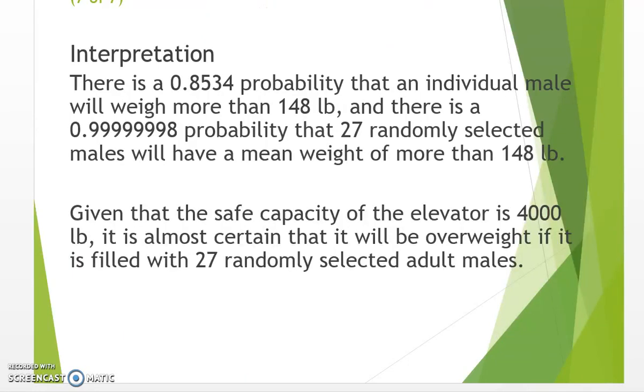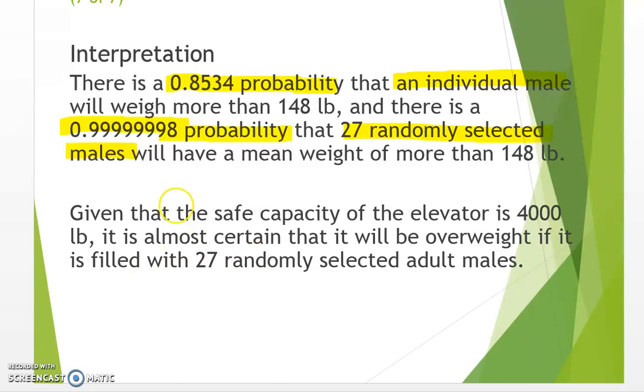So for the interpretation of this problem, we can say there is a 0.8534 probability for an individual male to have a weight more than 148 pounds. And there is a 0.9999998 probability that 27 selected males will have a mean weight of more than 148 pounds.